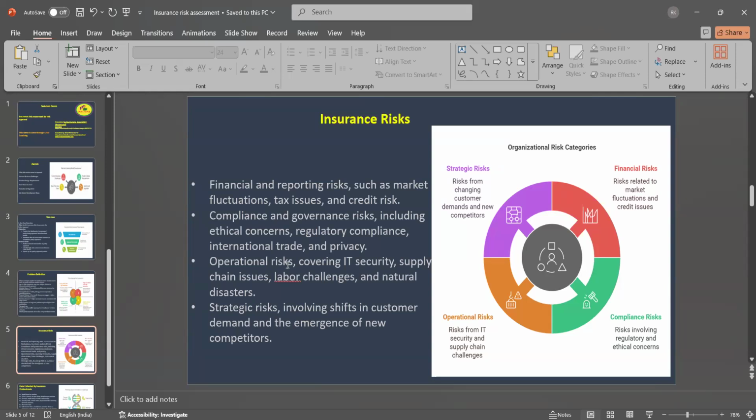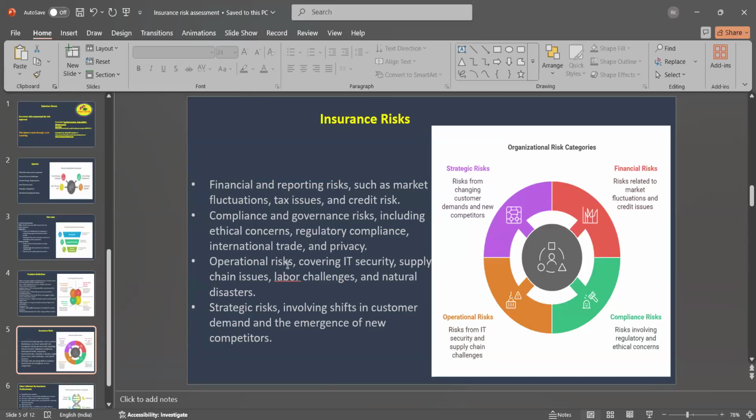And the labor challenges: when you have offline policy issuance, labor challenges come in. If you have online issuance for policy, it is easy to issue the policy, and you don't need to get labor offline.